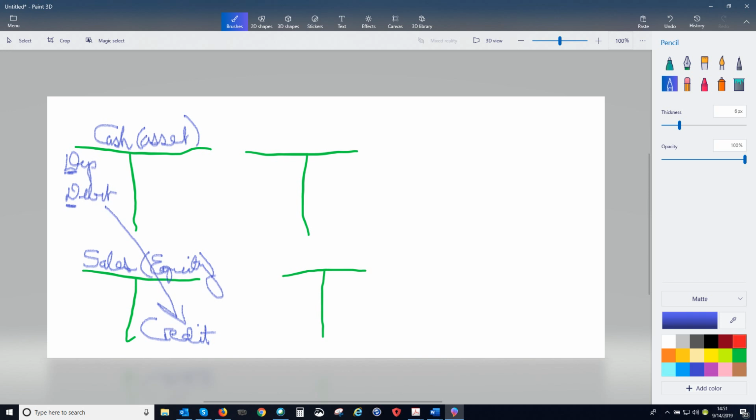Now, another transaction: we get our utility bill, our electric bill, and we go ahead and write a check to pay our electric bill. Well, when we write a check out of our checking account, we are going to credit our checking account. Once again, check starts with a C and a credit starts with a C. We still need a double entry, a second entry for that, right?